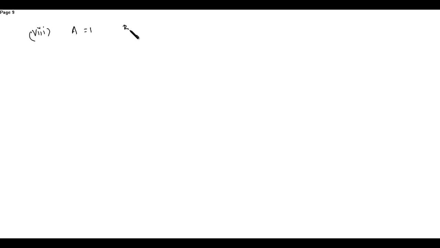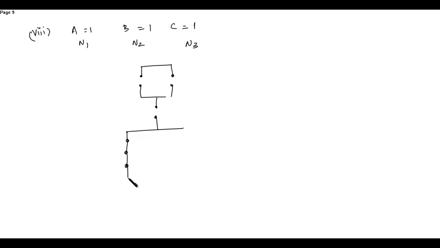That is when A is equal to 1, B is equal to 1, C is equal to 1. So that clearly means that only N1, N2 and N3 will turn on while the others will remain turned off. So all the PMOS are represented in open circuit and the NMOS are represented in short circuit. This is VDD.